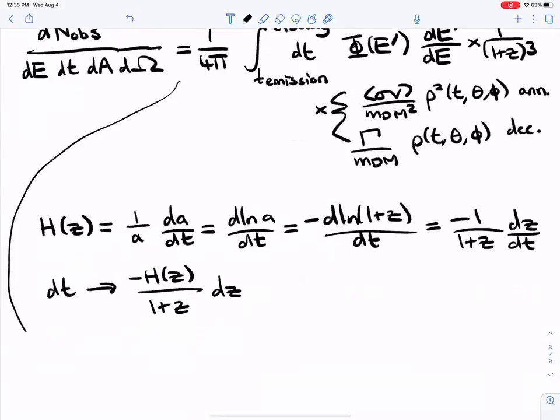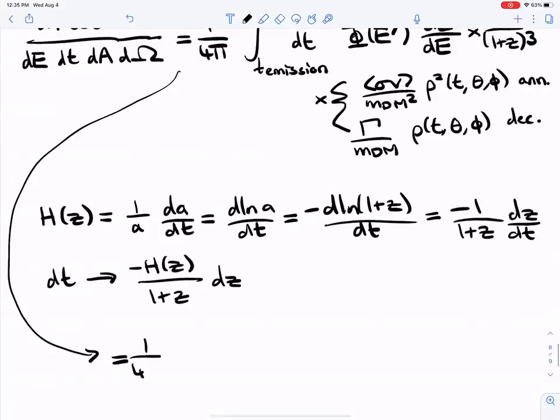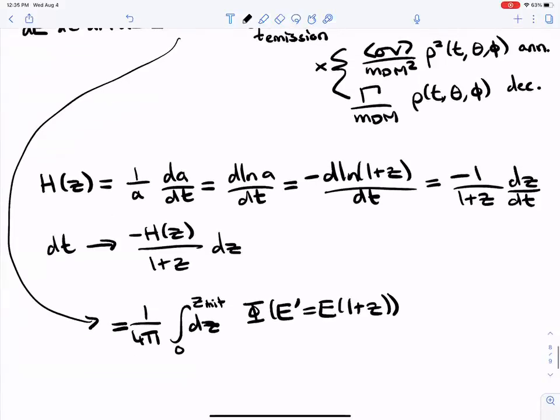So we can rewrite this result in terms of a z integral as 1 over 4 pi, integral of dz from the present day z equals 0 to the earliest redshift that we're taking into account, times phi at E prime equals E times 1 plus z divided by h of z.